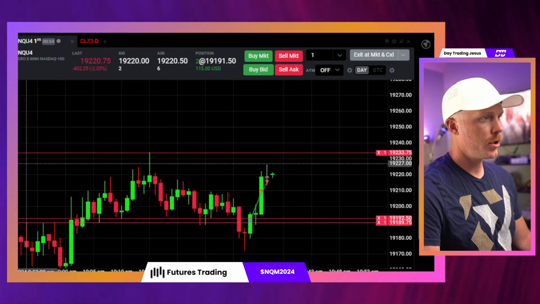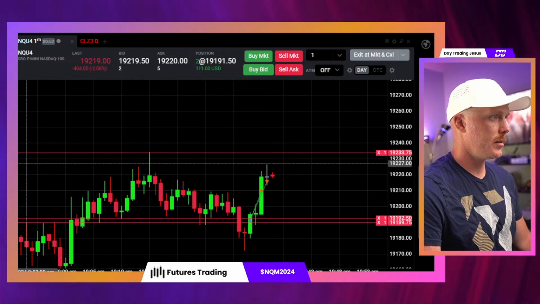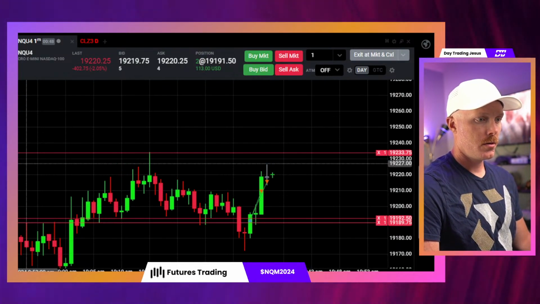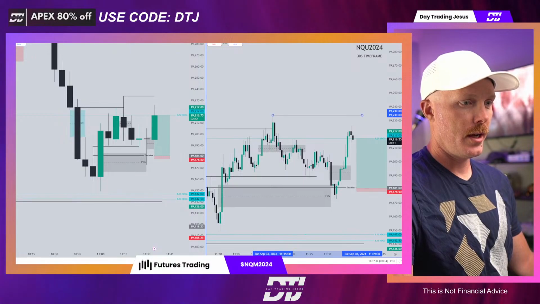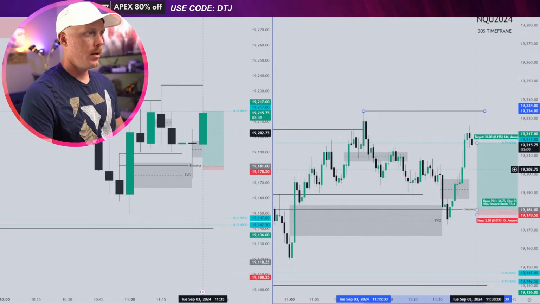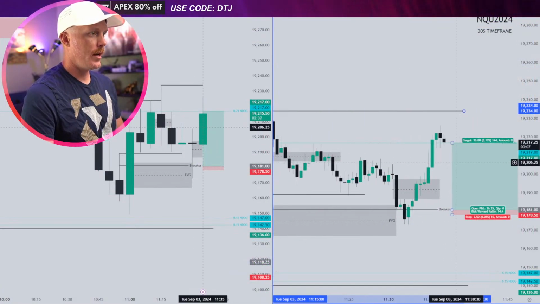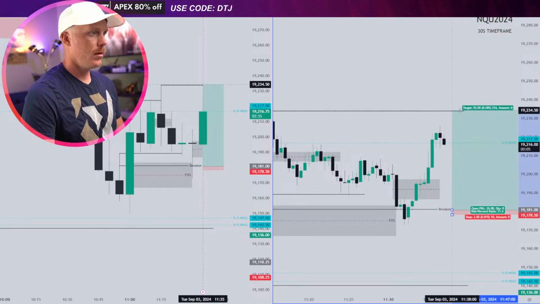I'm watching my other chart right now because that's where all my analysis is done, but I'm showing you guys the actual trade. So right now, that's what I'm looking at, is I'm seeing how it wants to react to this level. Ideally I would like to target that.